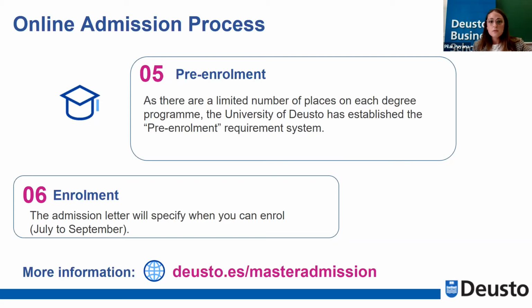This pre-enrollment phase really just consists of making a deposit on the program and reserving your place in the program, again, because some of these programs have limited numbers. The window that you will be given to realize this pre-enrollment will depend upon the date that you submit your application. We'll talk about dates a little bit later as well.